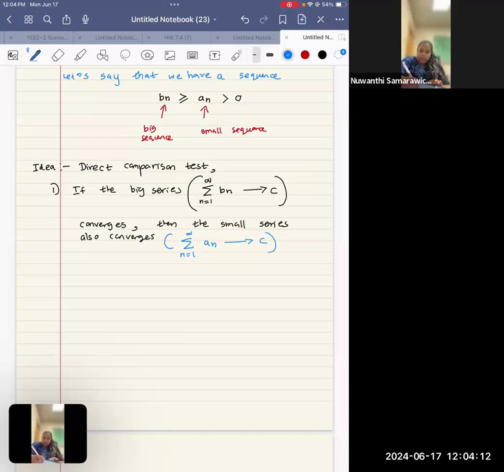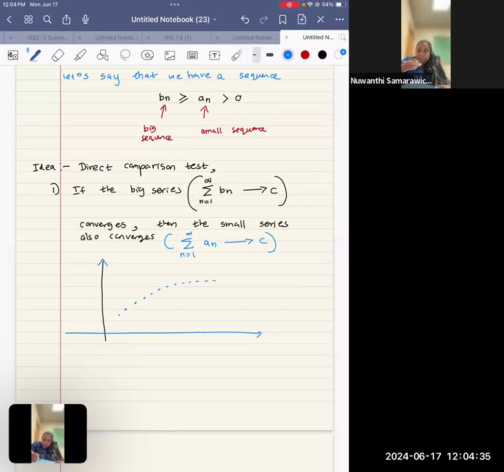So let's draw this and visualize. Suppose that we have a big sequence. Let's say the big sequence is this, and it converges.